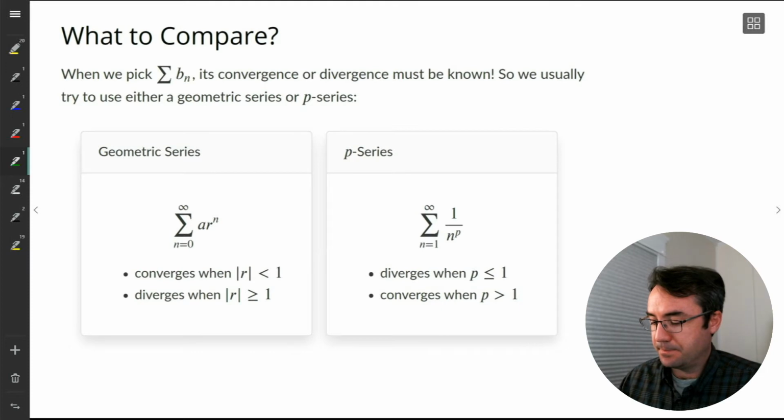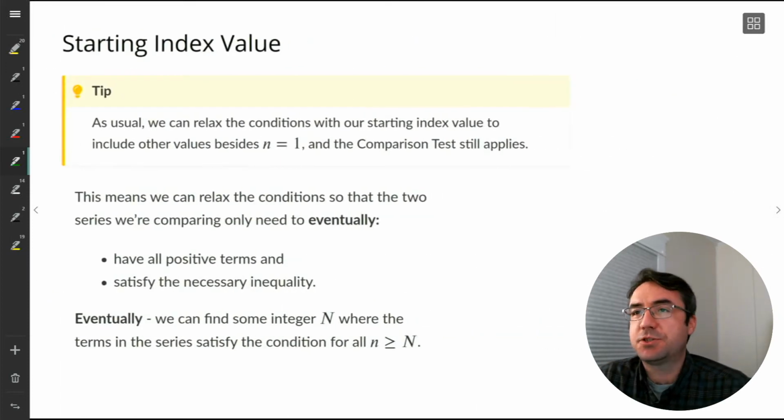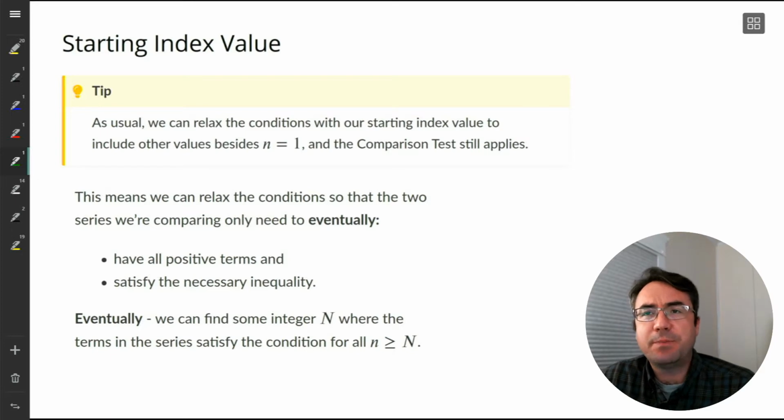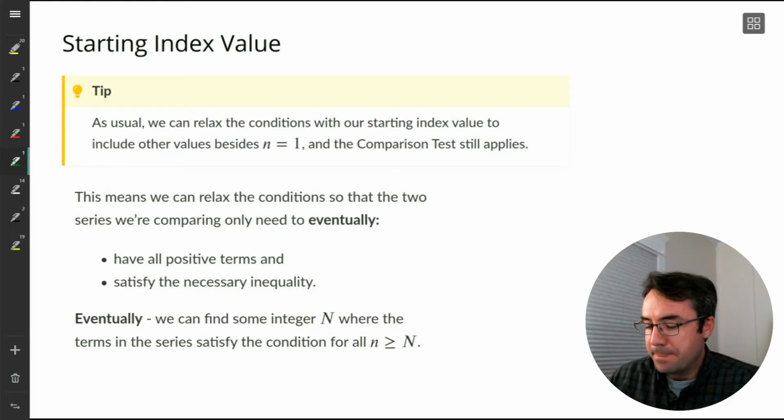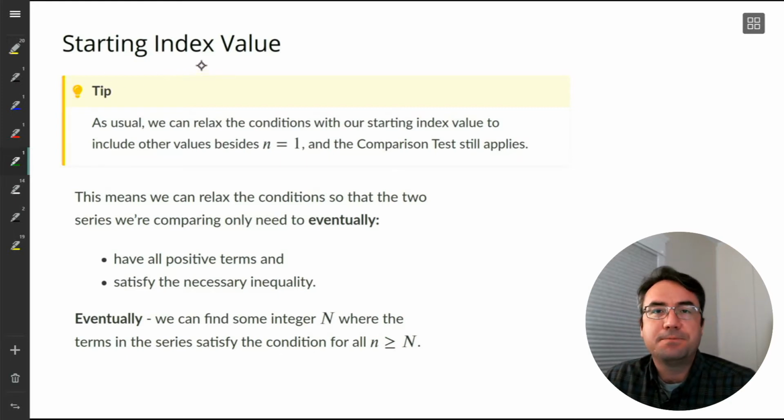All right, so we're going to try an example, but before we do, we go through the usual disclaimer and tip, where the starting index value doesn't really matter too much for the actual convergence or divergence of our series.